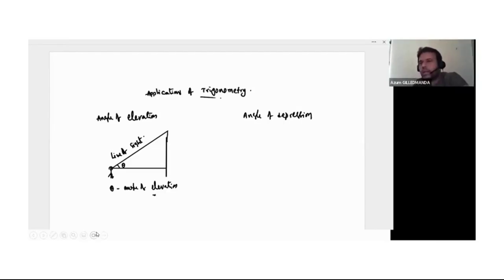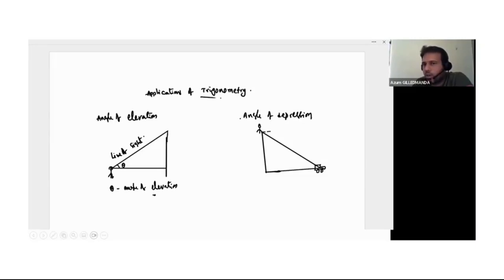Now what happens if you are at the top of the building and looking at some object on the road? For example, this is the building, and there is some bus or vehicle here at a certain distance.